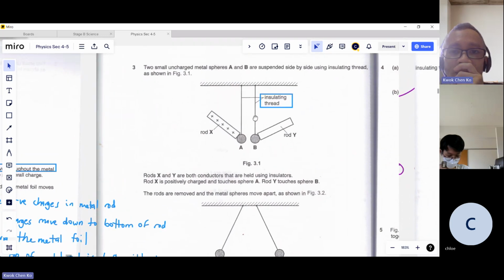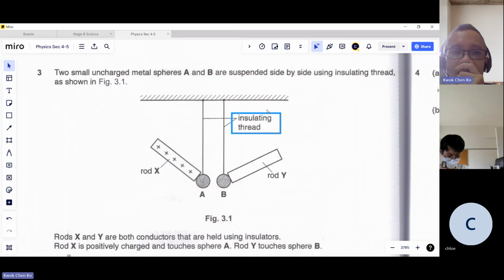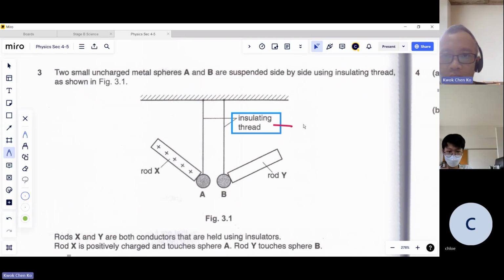Okay, this one isn't very difficult, but just keep this term in mind, insulating thread. Essentially, why they use this word is, let me rephrase it. It means that charges cannot move through the thread.